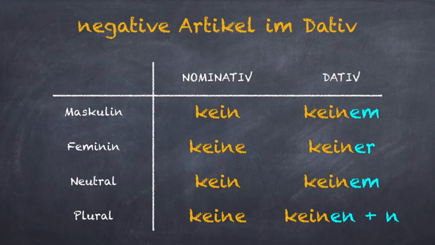For neutral, kein changes to keinem. And for plural, keine changes to keinen, and we add an n to the noun. In this case also, you should remember that the article in dative for masculine and neutral is the same, that is keinem.